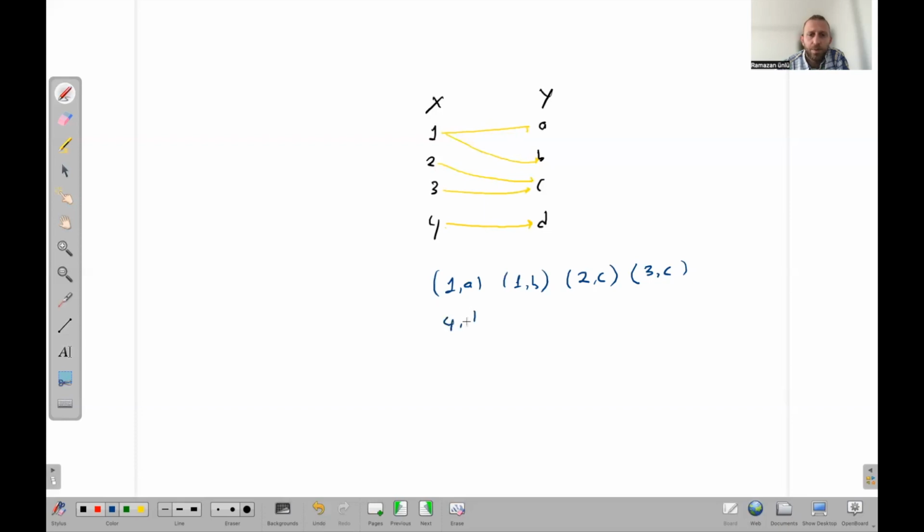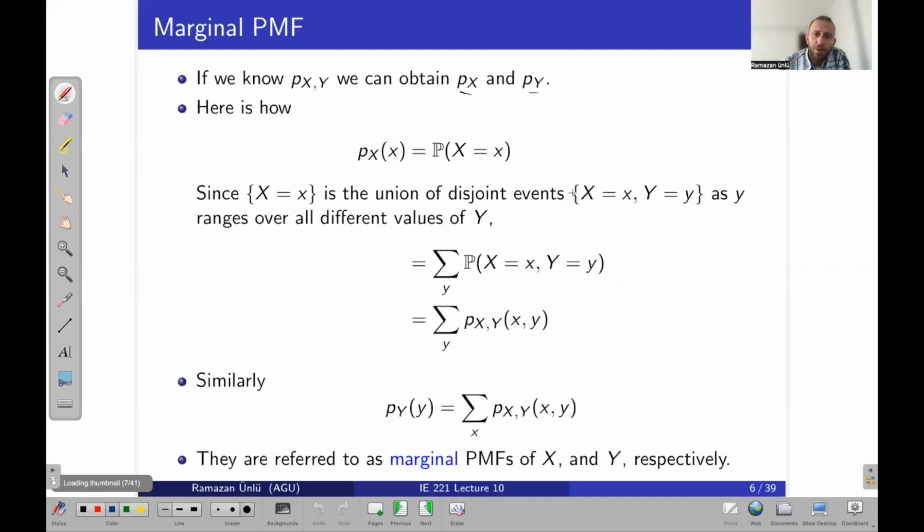Is there another pair? No. Okay, so keep this in mind. That is how we can see the relation between two random variables. Just ignore this part first.